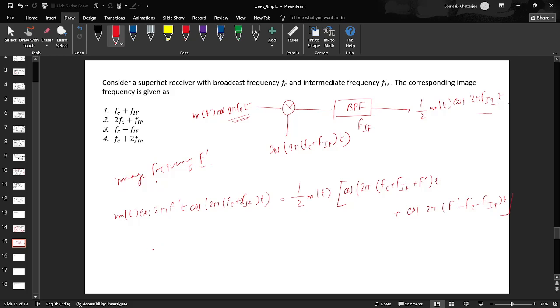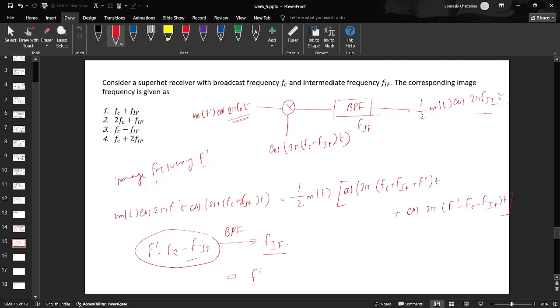Now, for some value of f dash, let's consider f dash minus fc minus fif. This will pass through the band pass filter when this frequency is equal to fif. So this frequency content is going to pass through the same filter when this value is equal to the intermediate frequency.